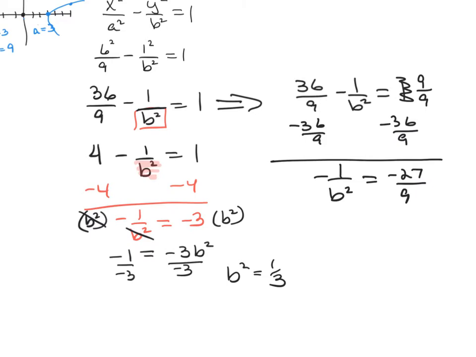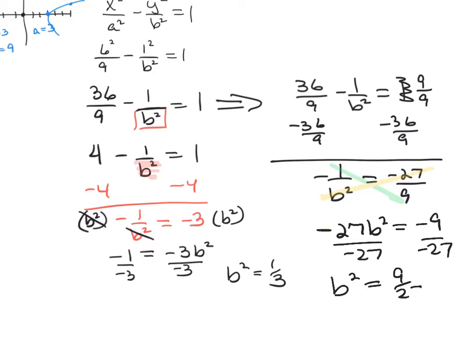And now I could just solve this as a proportion. So I get negative 27 b squared equals negative 9, divide by negative 27, and b squared equals positive 9 over 27, which simplifies to 1/3. So either way, it doesn't matter how you go about it, but you need to get b squared by itself.